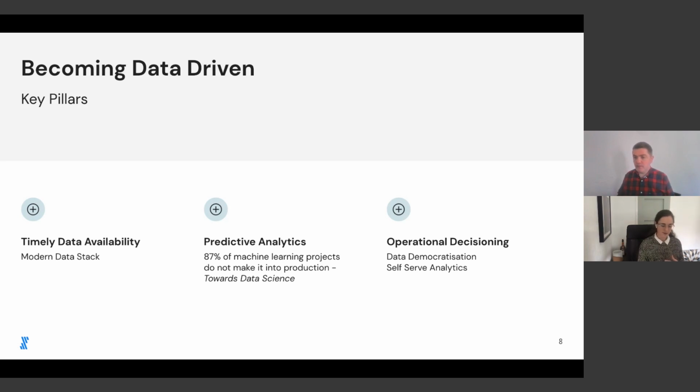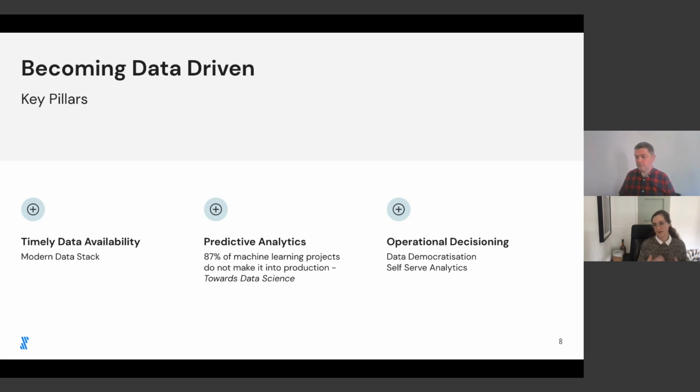I'm not going to spend too much time talking about that pillar, because I do think you can call yourself a data-driven company without having any predictive analytics as of yet. The reason I say that is if I go back to that example of a sales rep using that data prior to a meeting to inform how they might run that meeting, that doesn't need data science.